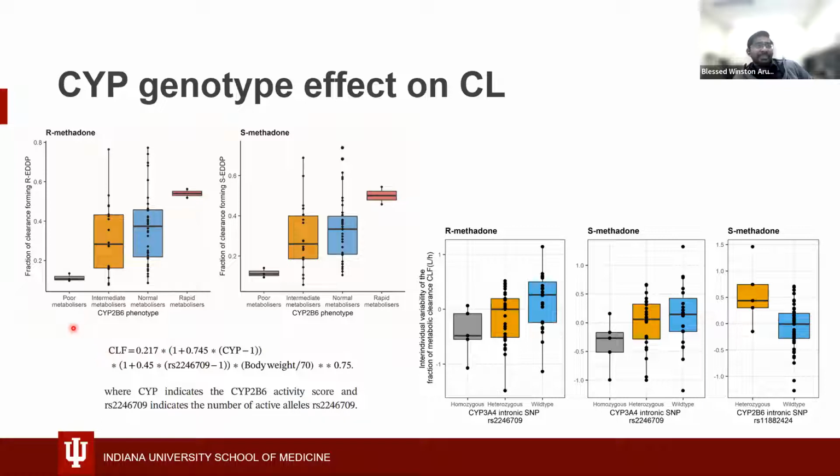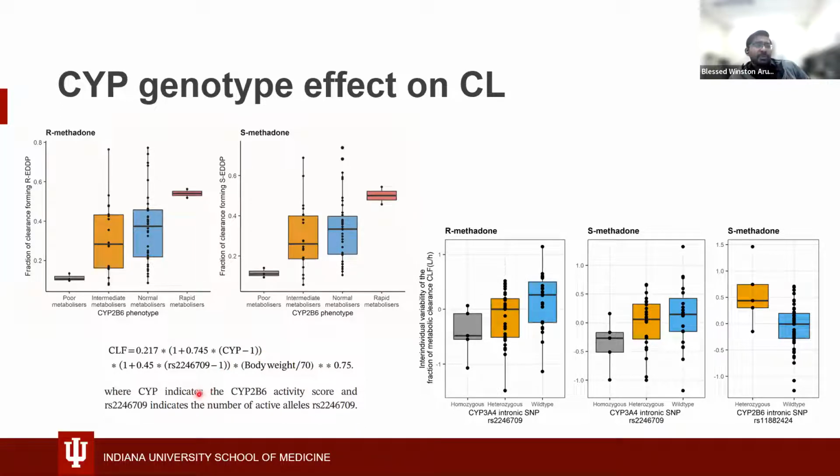We know that this is not something linear. This is just for the sake of simplicity, because the more groups you have, the more difficult it is to find a statistically significant difference. So in this case, we just considered a linear relationship from poor to rapid metabolizers.